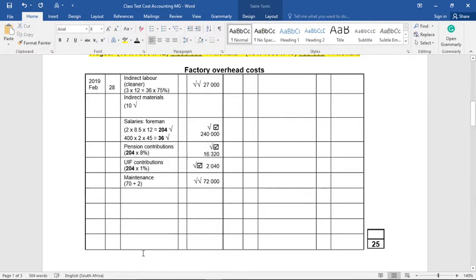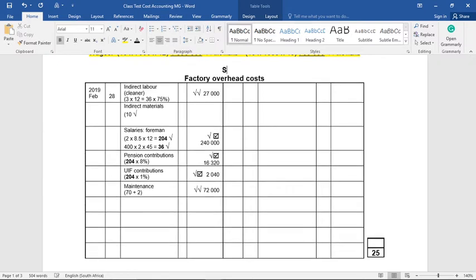Once again, I have to stress this important point. What point? You have to once again show your calculations. You have got quite a few figures here that relate to indirect labor. That figure is indirect labor, and these 3 figures are also indirect labor.